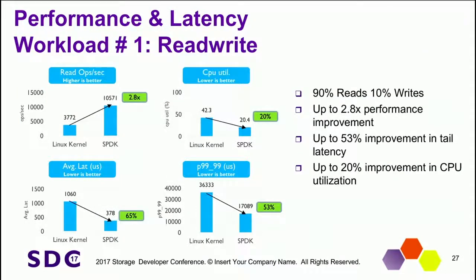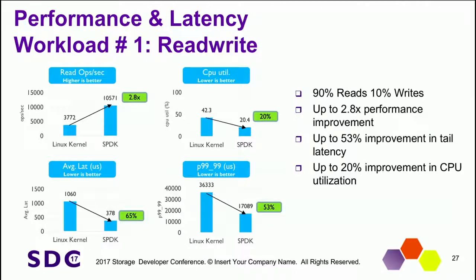Workload number 1, which is read write, is like 90% read, 10% write. We have 4 threads doing reads, which are point queries, and 1 thread writing simultaneously. On the left side, there are operations per second and different metrics we gathered.